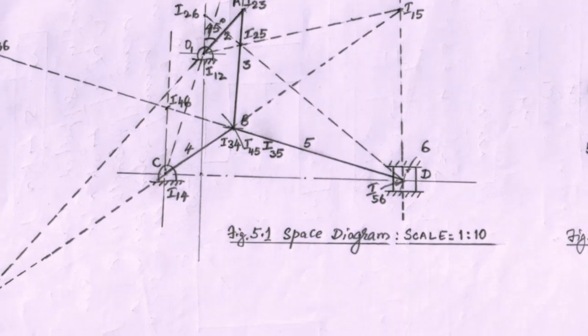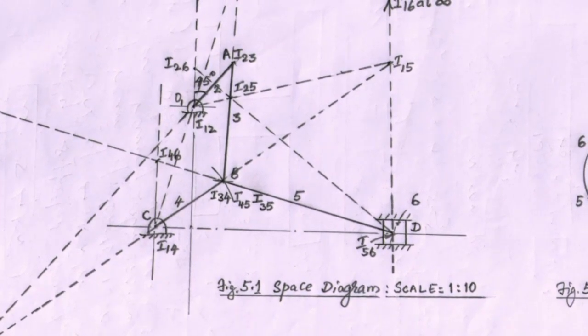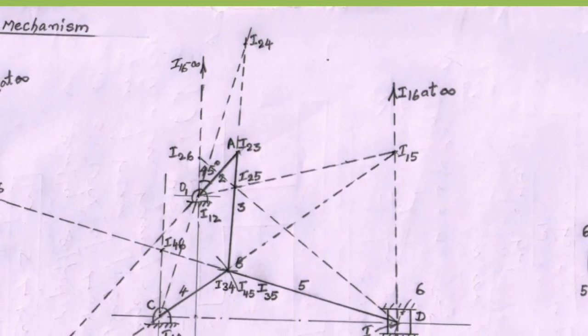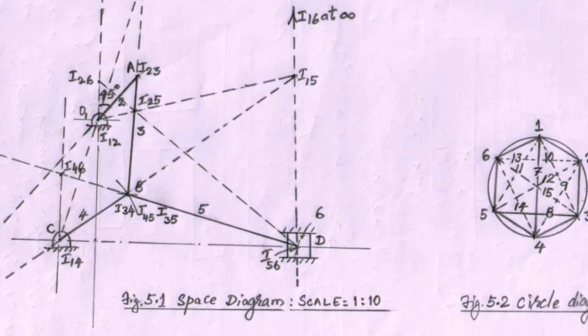So come here. 2,3 is at A point. Then 3,4 is at B point. Extend the line. You can go down or up, but it is very clear we are going to go on the top. Now what about one more triangle, 1,2,1,4 I told. So 1,2 is at O1 point, and 1,4 is at C point.